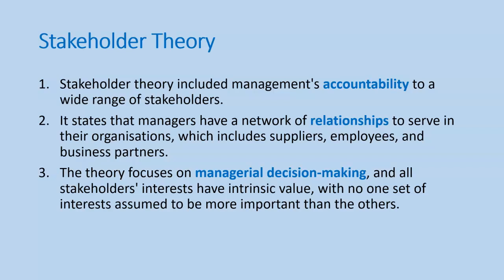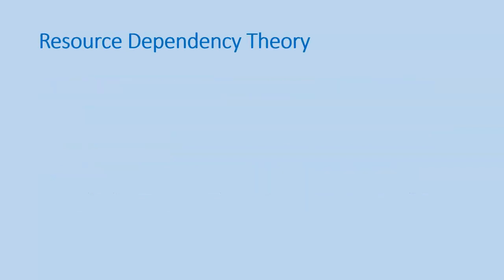The theory focuses on managerial decision making. Interesting. All stakeholders' interests have intrinsic value, with no one set of interests assumed to be more important than others. So in stakeholder theory, there are three key points: accountability, relationships, and managerial decision making.